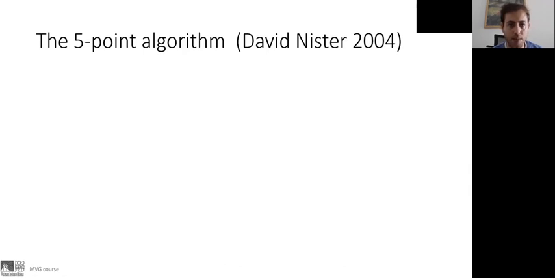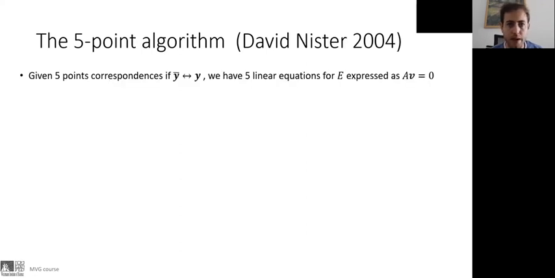And now let's talk about the 5-point algorithm. That was published by David Nistér in 2004. So now we have 5-point correspondences. So we have 5 linear equations for E that are expressed with the multiplication of A with V, that should be 0.